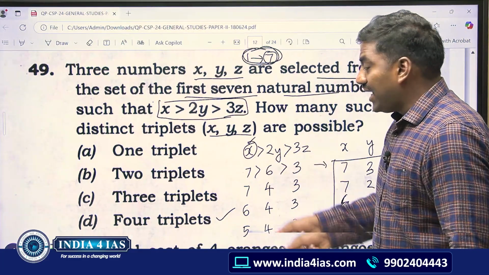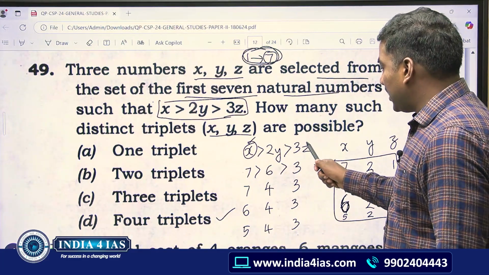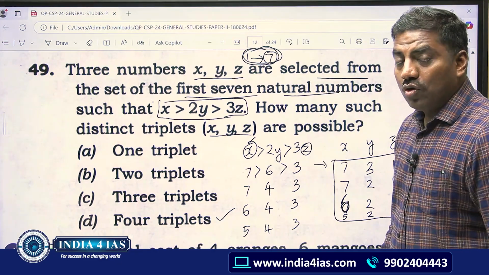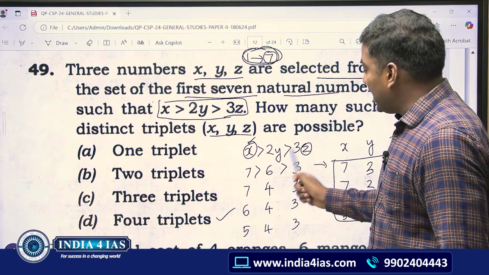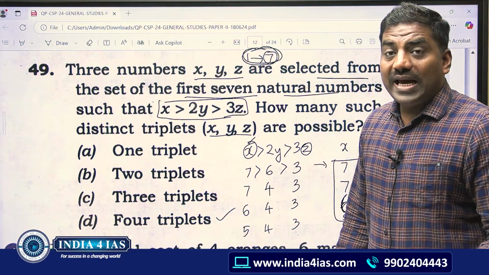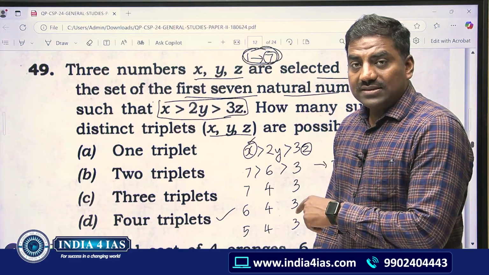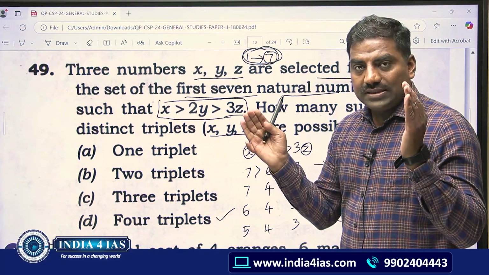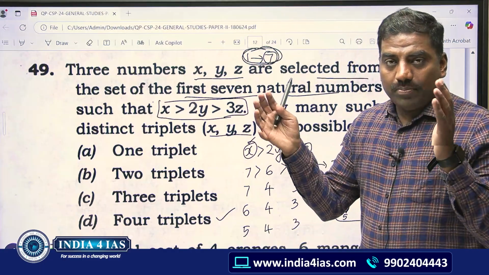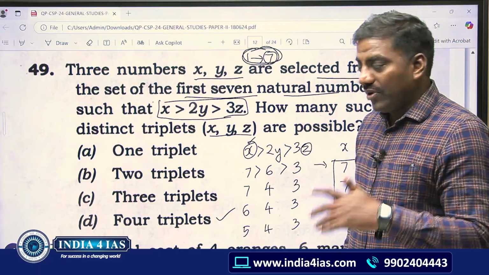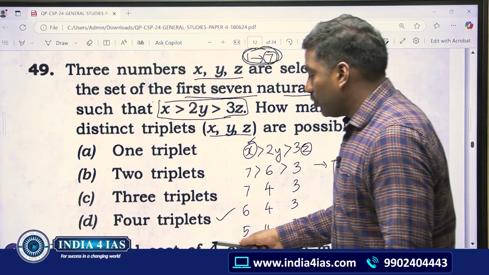X cannot take a value more than 7, and z cannot take a value less than 1. X is the highest, z is the lowest. So within this bracket only, that is 1 to 7, we get 4 such triplets.